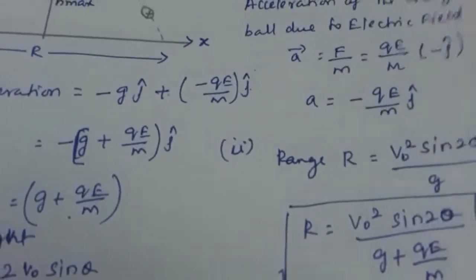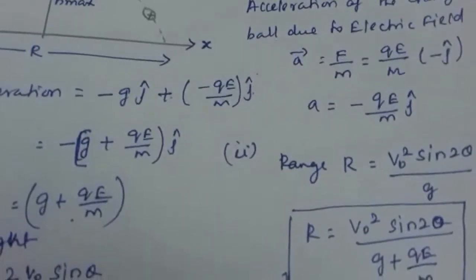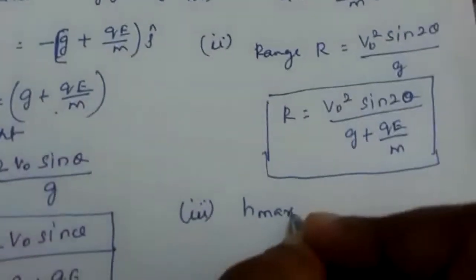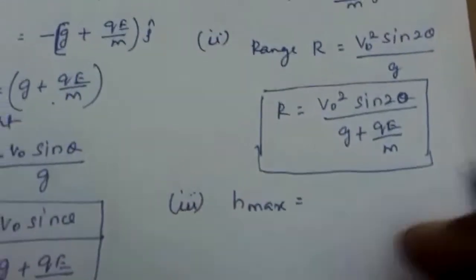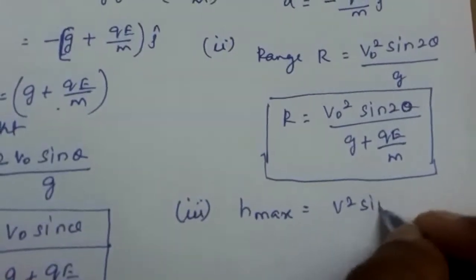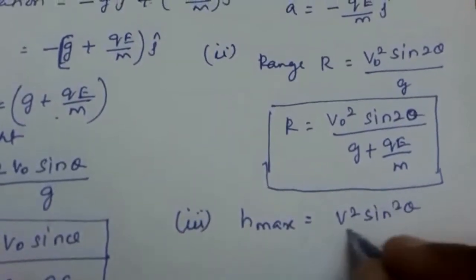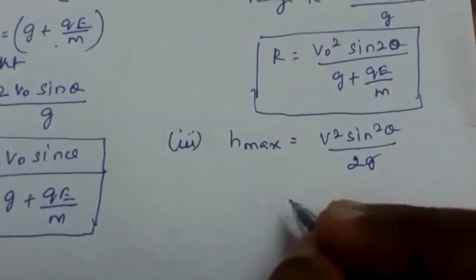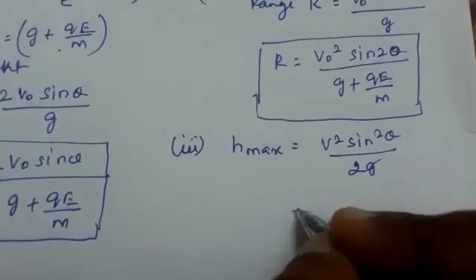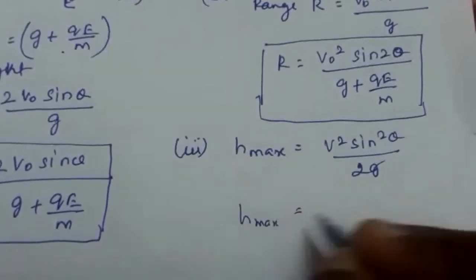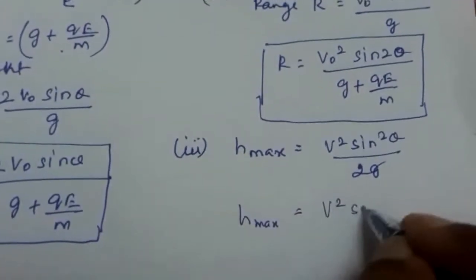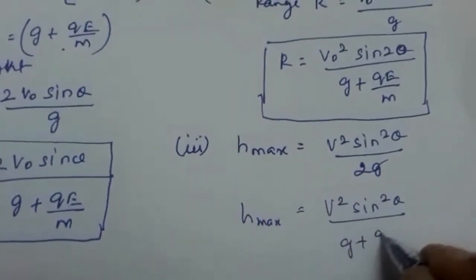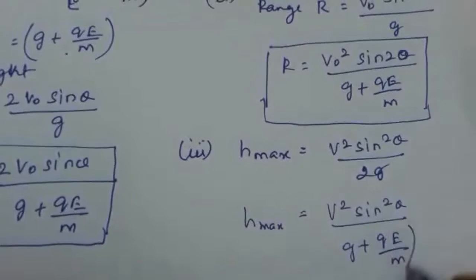The third thing is maximum height. H maximum is equal to v0 square sine square theta by 2g. Replacing g, H maximum is equal to v0 square sine square theta by 2 times g plus qE by m.